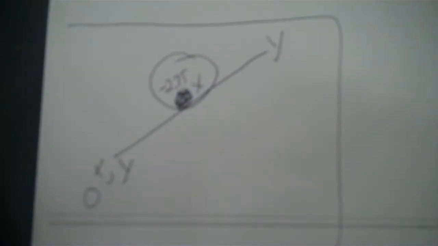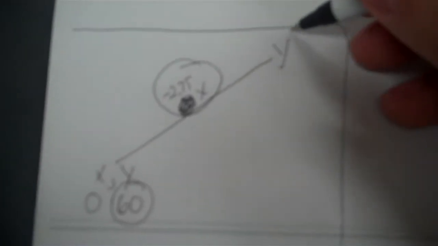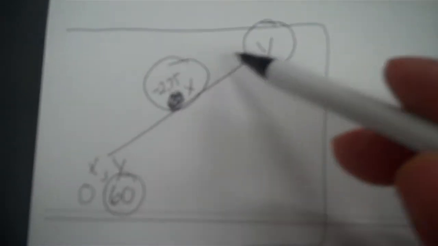X is a number of days, so it's negative 2.75 every day. Okay, now down here, the X begins at 0, because if you keep track of time, that starts at 0. And then before we had the 2.75 per day, we had $60. Okay, so the main thing I need to take out of this is the 60. And then at the end of the line we have Y, and it's those three things that I form my equation with.